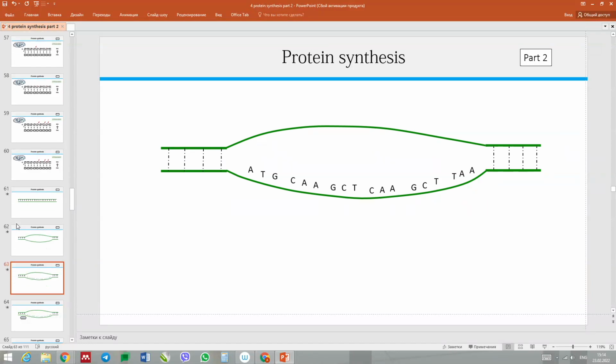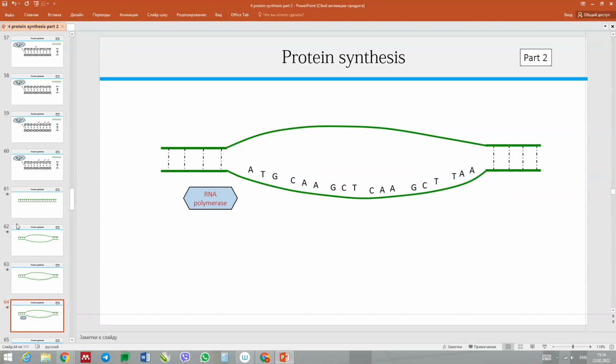And now let's imagine that inside of this chain we have the following nucleotides: adenine, thymine, guanine, cytosine, adenine, adenine, and so on. They are grouped here into triplets for simplicity of our explanation.